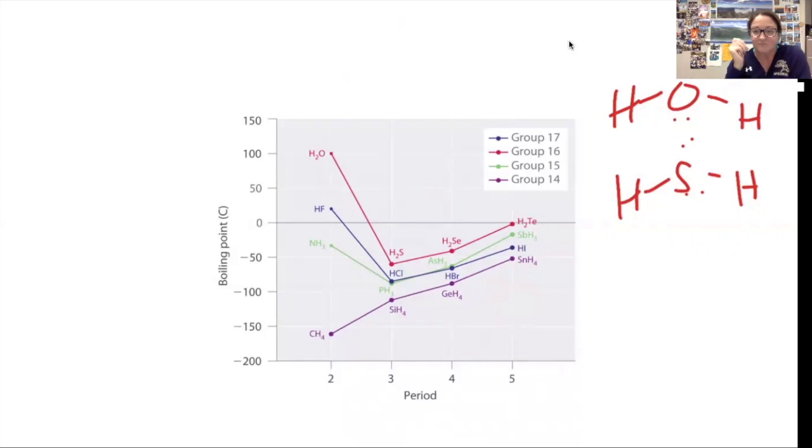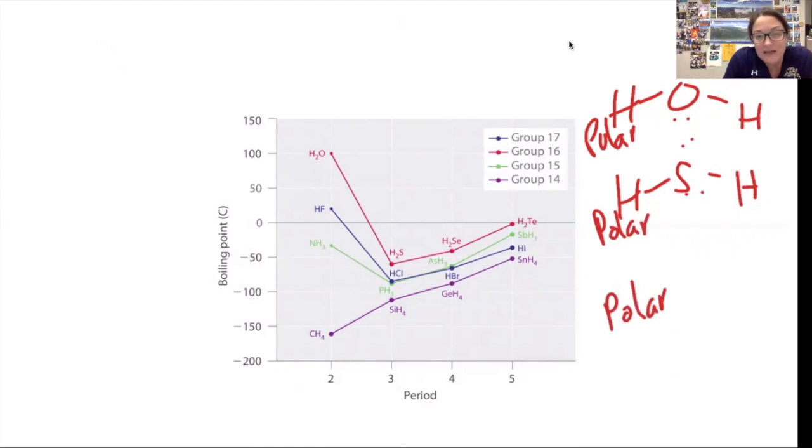As we go down the group, in every case, the molecule is polar, so they're all going to have dipole-dipole forces. But as we increase from H2S to H2Se to H2Te, we see an increase in boiling point.